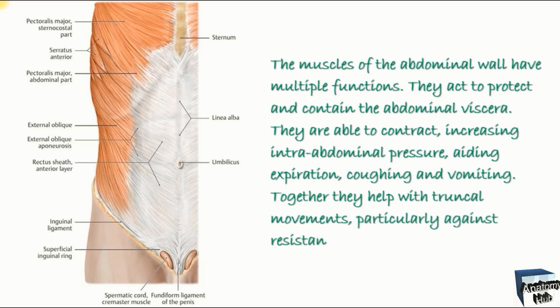So these muscles of the abdominal wall have multiple functions and they act to protect and contain the abdominal viscera, and they are able to contract and increase the intra-abdominal pressure, aiding expiration, coughing and vomiting, and together they help with.